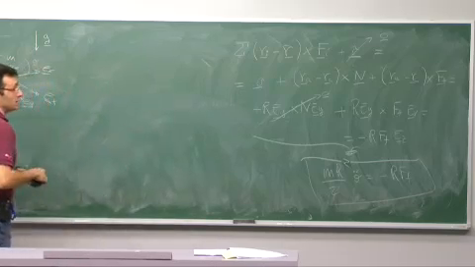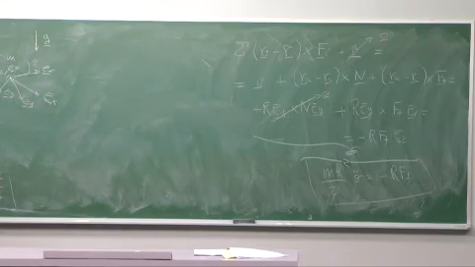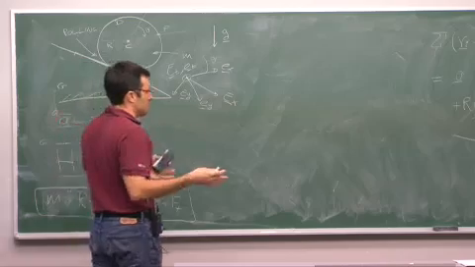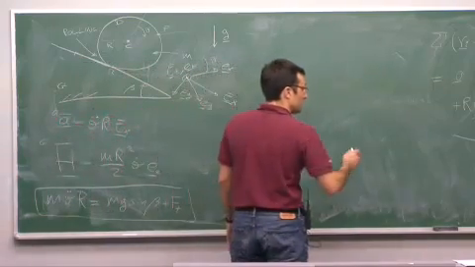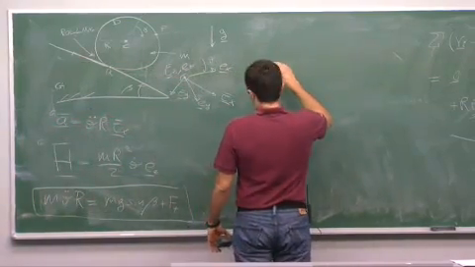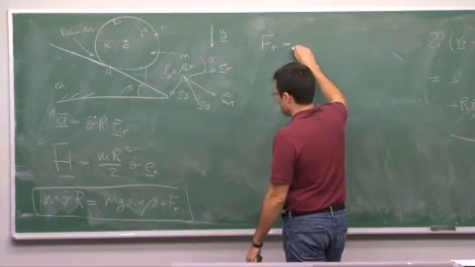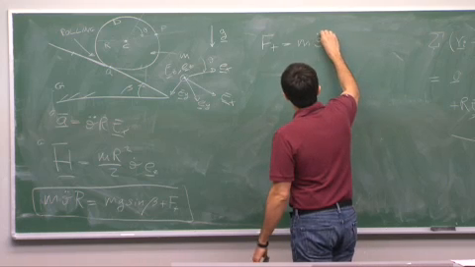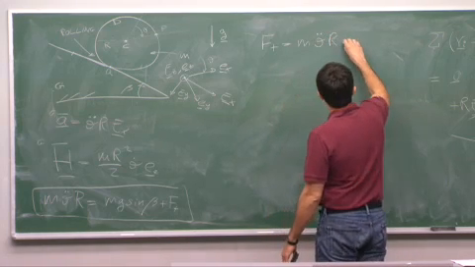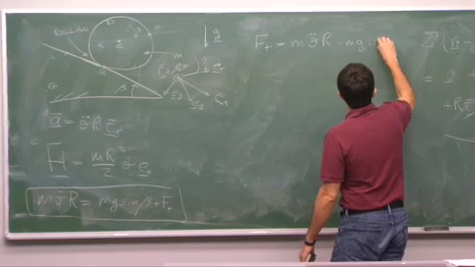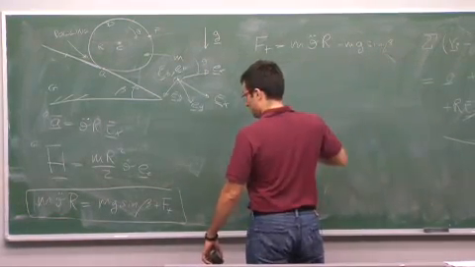Once again, this is a planar, simple problem, but it's good to understand the steps that you will have to follow for rigid bodies. So I have, let's see what I have here. So Eb sub F from here is what? Is m theta double dot r minus mg sine of beta, right?